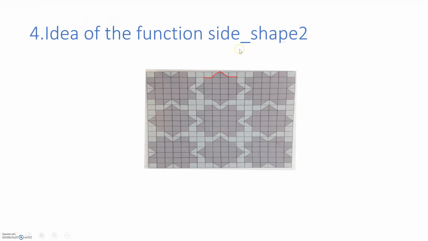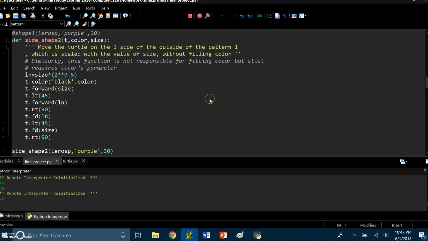For the next function, SideShape2, which is similar to the function SideShape1, I want the turtle to draw a side of this pattern. I draw like right here. And here's the code for the function.